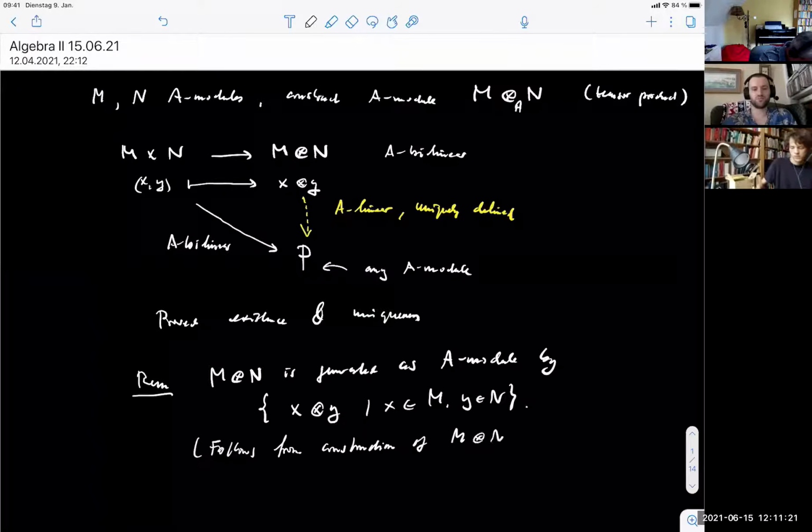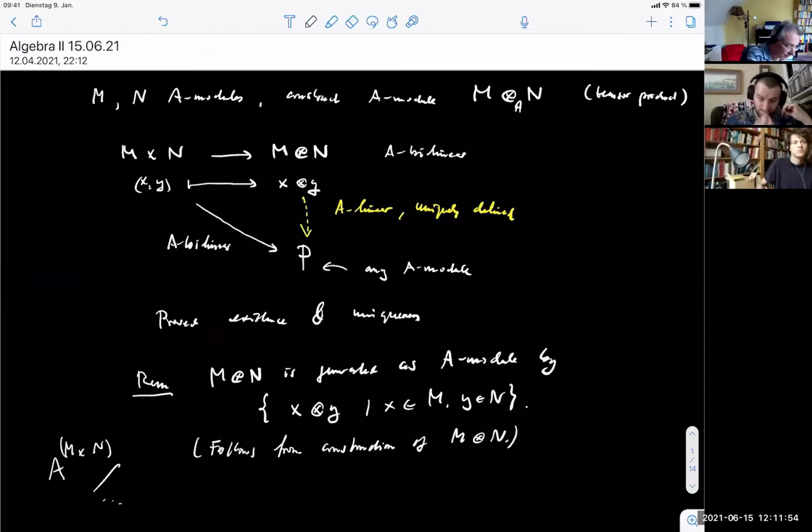It follows from the construction. You just have to remember, how did we construct this thing? We took the free A module which has as a basis M times N, with this basis, I denote it this way, and then we took a factor module, factoring out all the relations we needed.